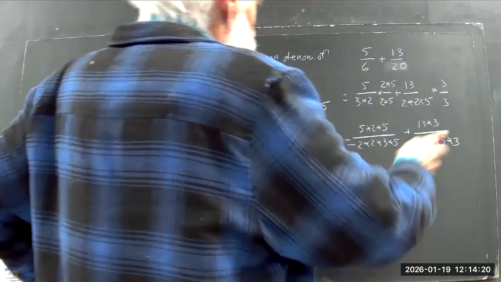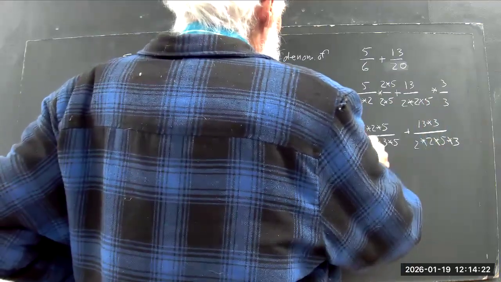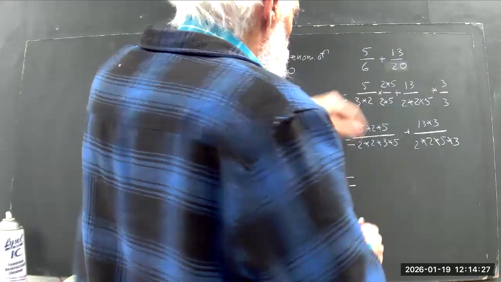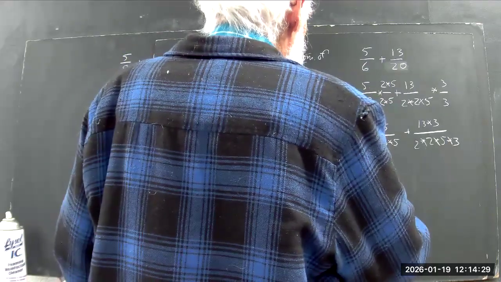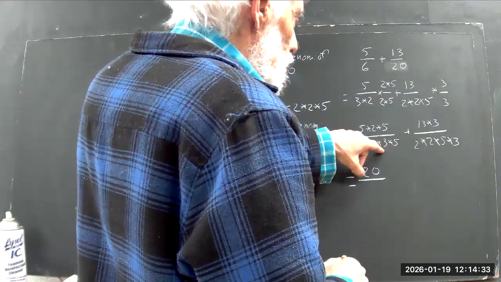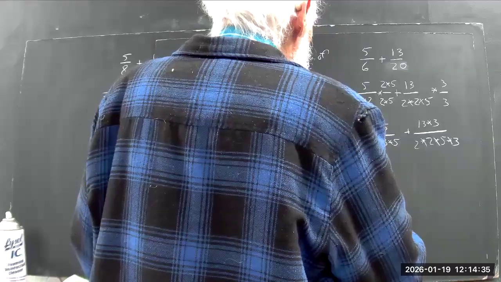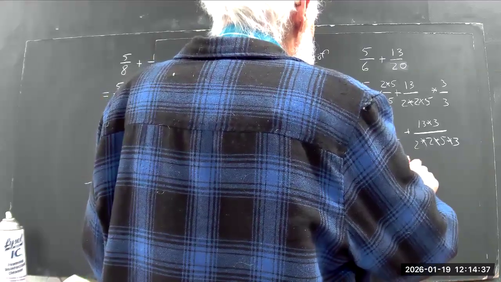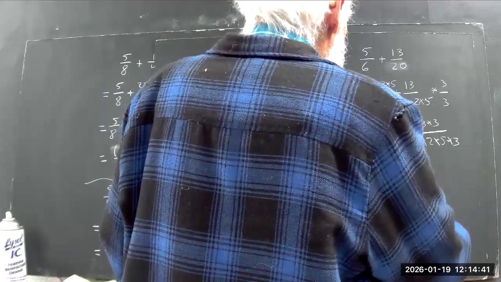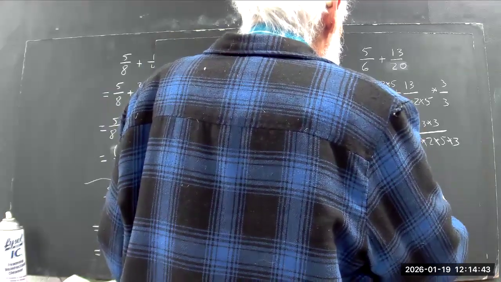Then, if we wish, we can multiply out the numbers. My first fraction has a numerator 5 times 2 times 5. That multiplies out to 20. The denominator 2 times 2 times 3 times 5 is 60, and that's in both cases. And then 13 times 3 is 39 over 60.